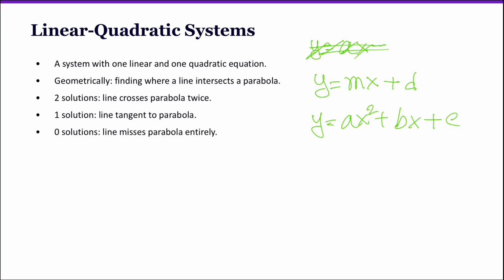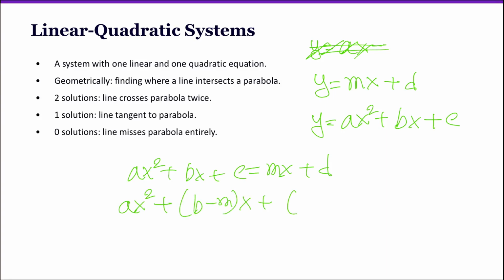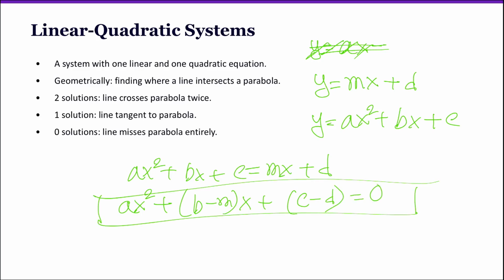Then you can always say ax squared plus bx plus c is equal to mx plus d when you're trying to find their points of intersection. So they're equal, so you can set the functions equal to each other. And then you can rewrite that as ax squared plus (b minus m) times x plus (c minus d) is equal to 0. So then the discriminant of this quadratic equation actually gives us the number of solutions this system has.